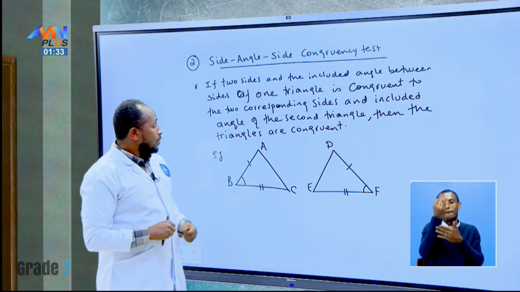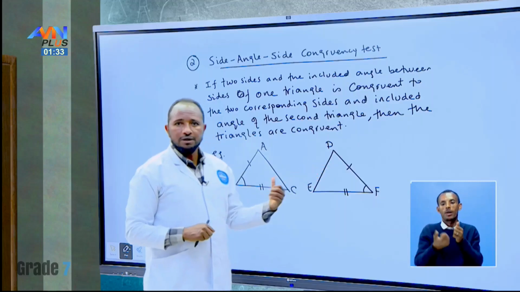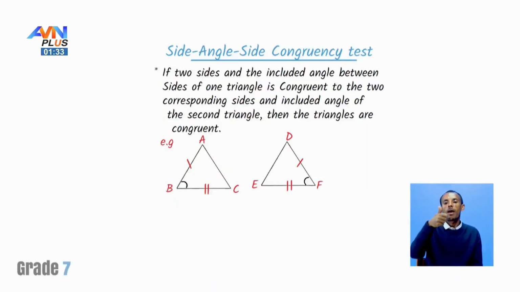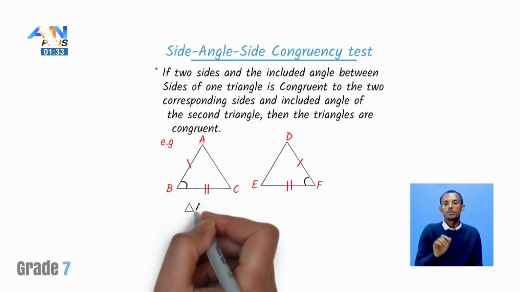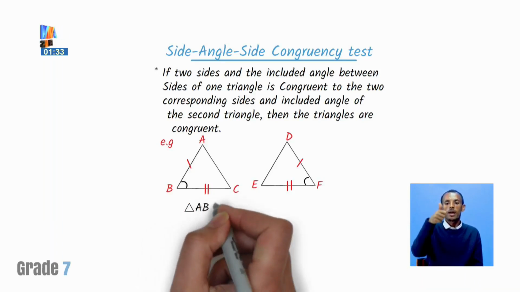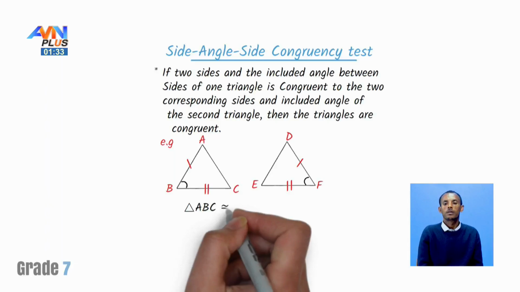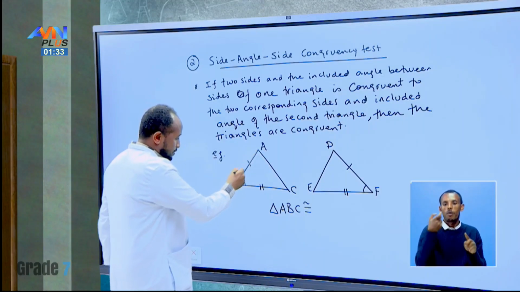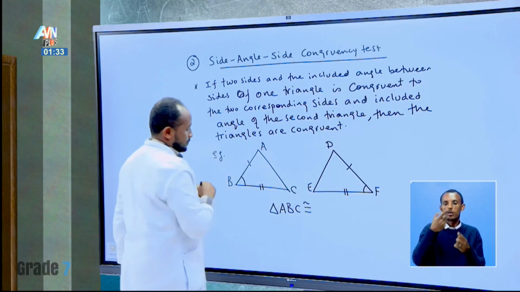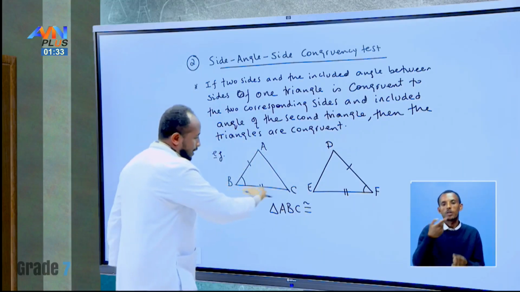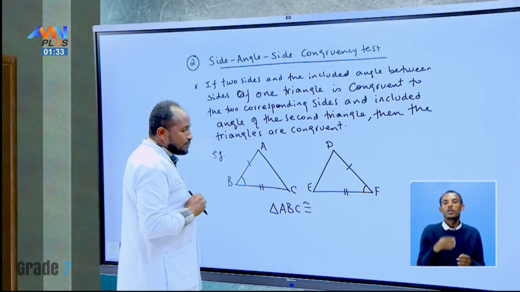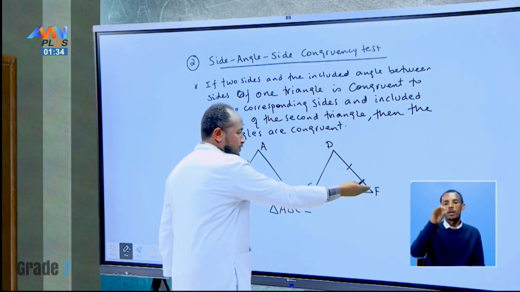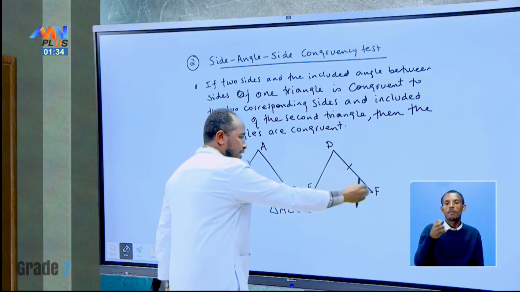So, in what order can we fit these two triangles? Let me write this one. Triangle ABC is congruent to, look at the order, from this side to this one, from mark 1 to mark 2. So you move in the same order for this one also, from mark 1 to mark 2, DFE.